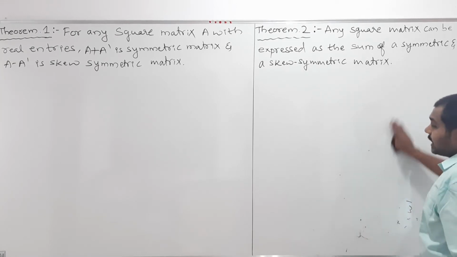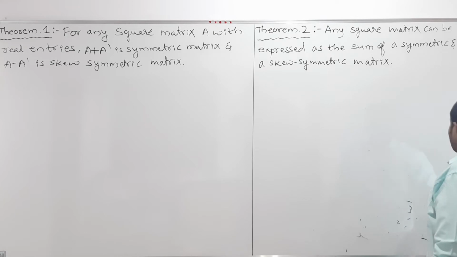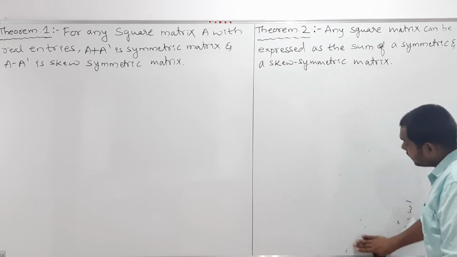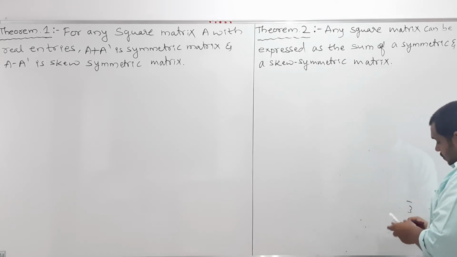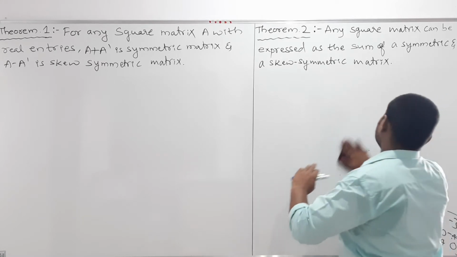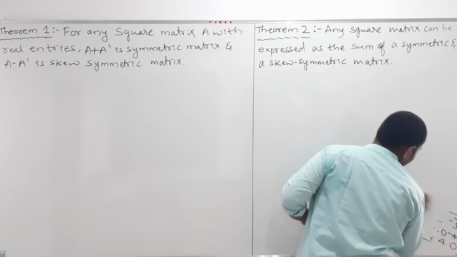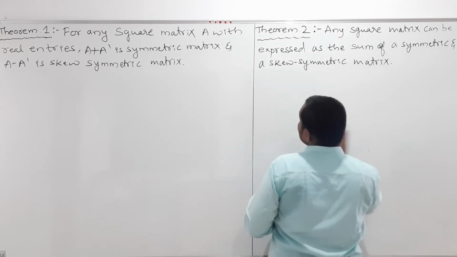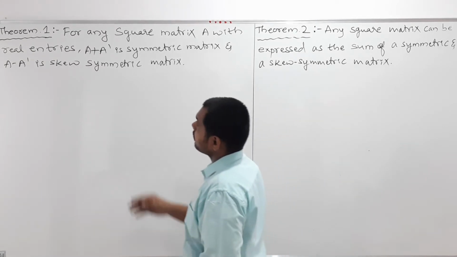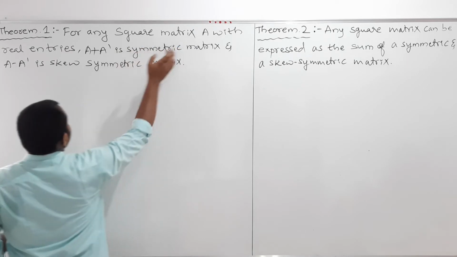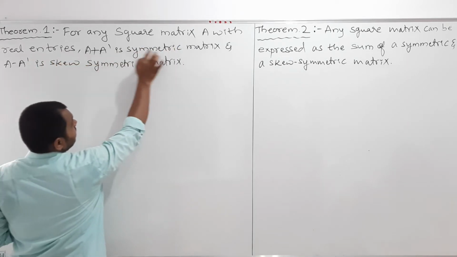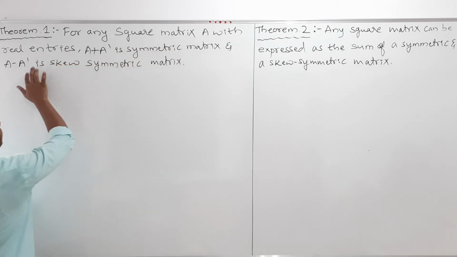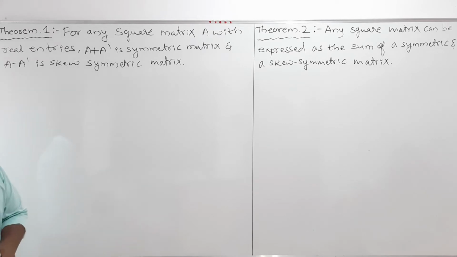Then A plus A dash is a symmetric matrix. So my dear students, they are telling that for any matrix A, A plus A dash is a symmetric matrix. For any square matrix A with real entries, A plus A dash is a symmetric matrix and A minus A dash is a skew symmetric matrix.